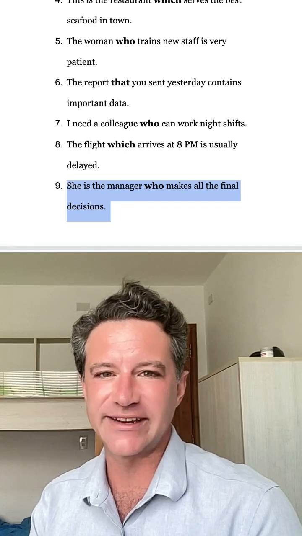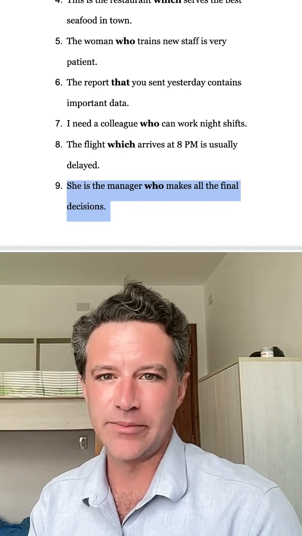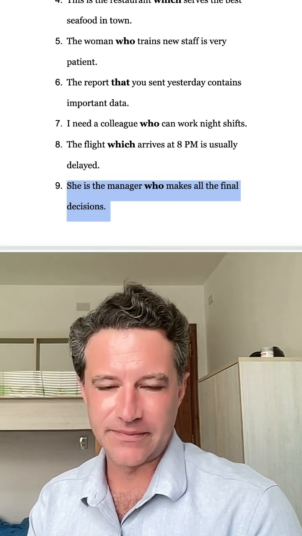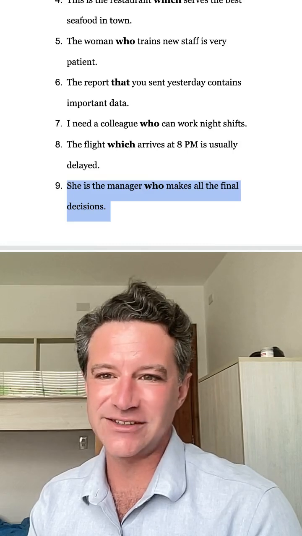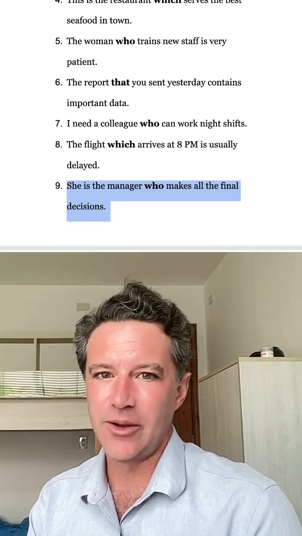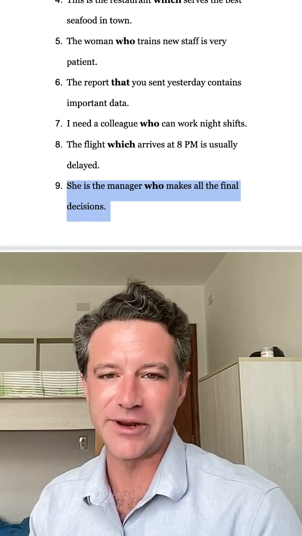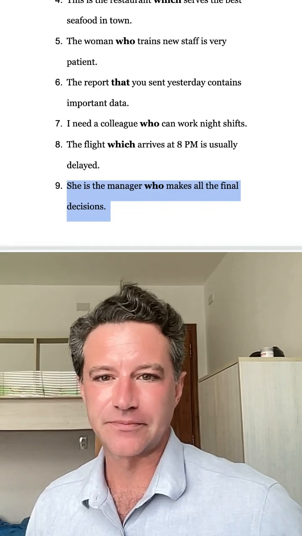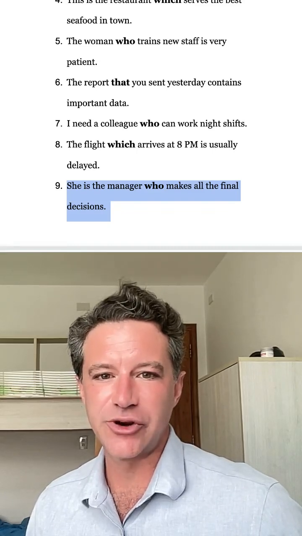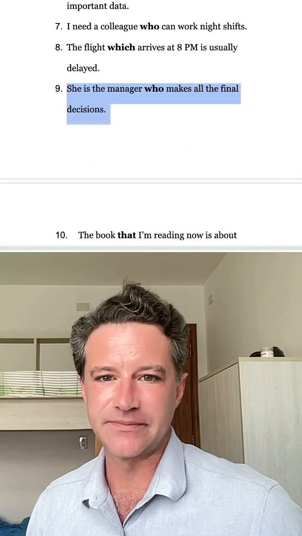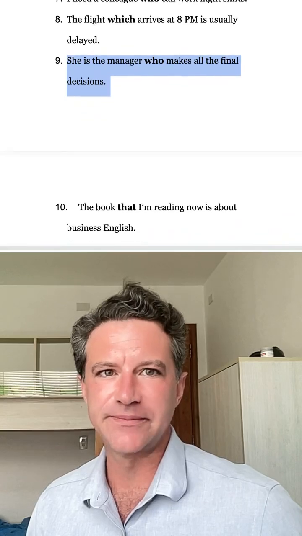The use of that is similar to whom, but whom is for humans. That is correct. That could be for things or animals, but who and whom are for people, for humans. So she is the manager who makes all the final decisions. That's the one she is.